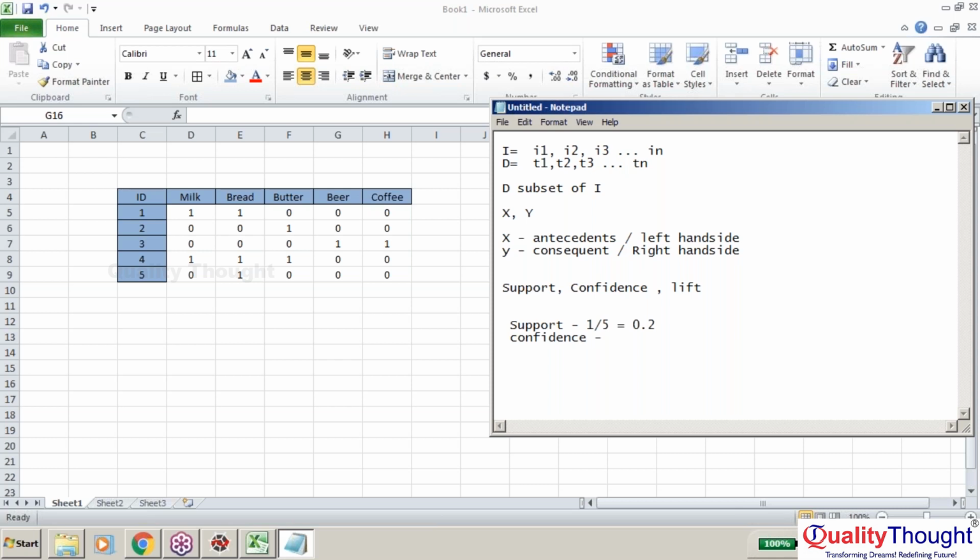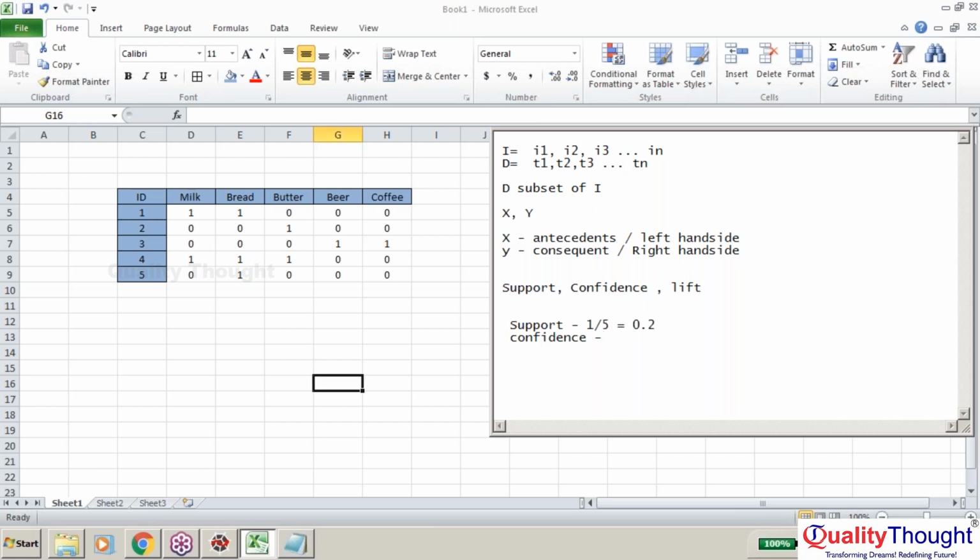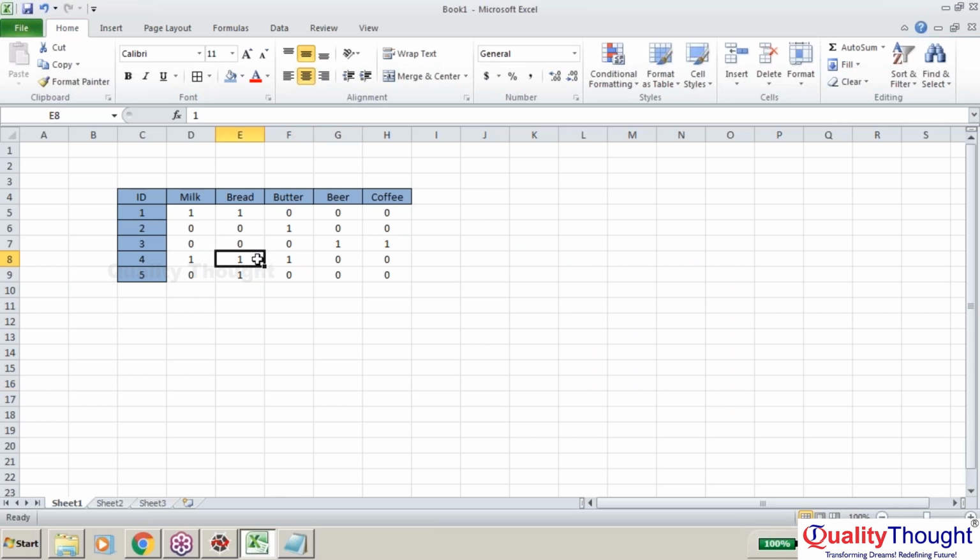Let us take the same example, butter and bread. The rule butter and bread implies milk. Whoever is buying butter and bread together is buying milk, for sure.